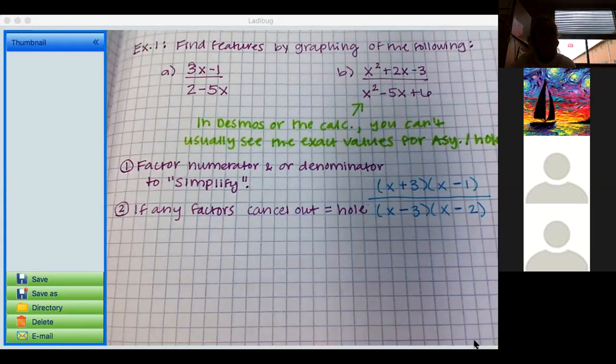All right, do any of these factors cancel out? Do you have anything in the top and the bottom that's the exact same that I can eliminate? No. So do we have a hole?